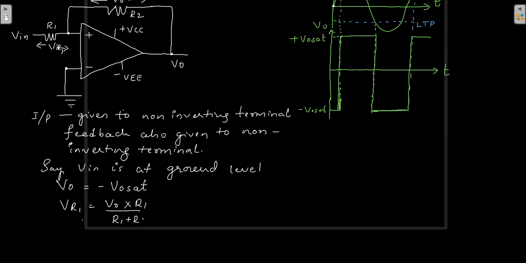This is a very well known parameter to us, right? So this is minus V0 sat times R1 divided by R1 plus R2. This is the voltage across R1, VR1, when your output is at minus V0 sat. All of you agree with me or not?